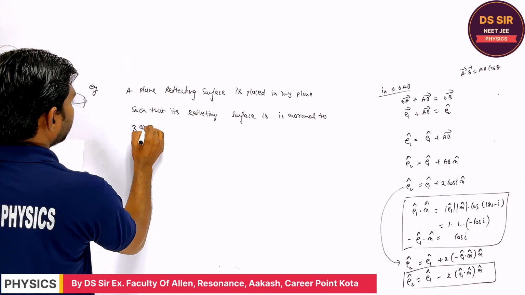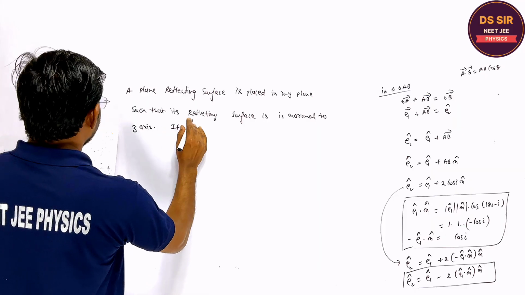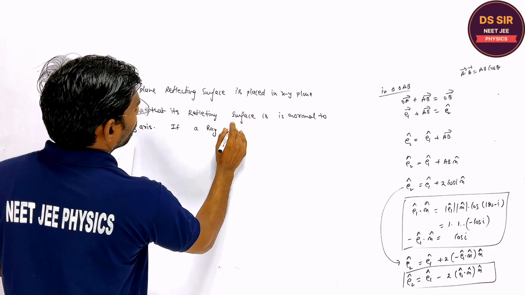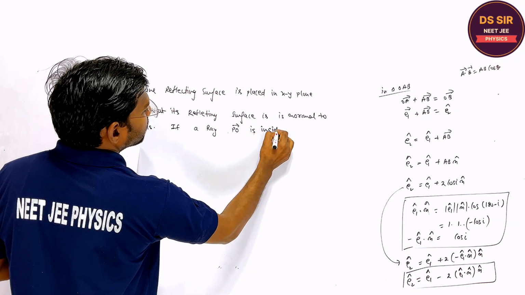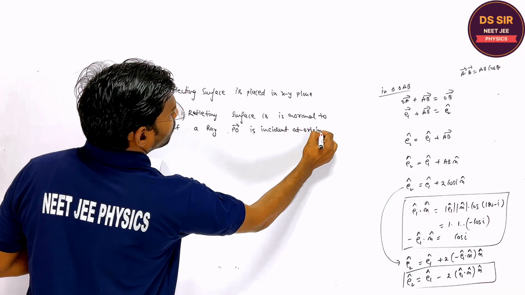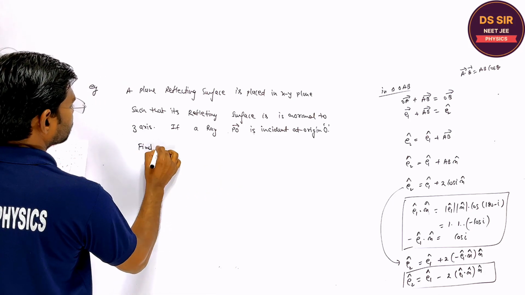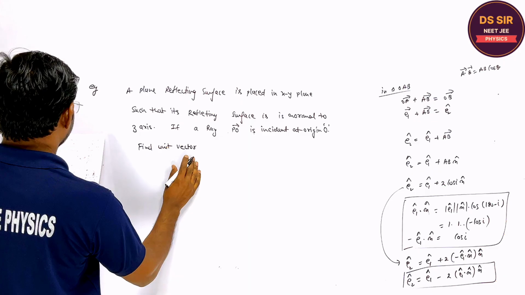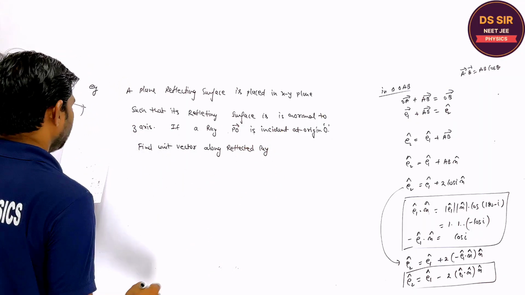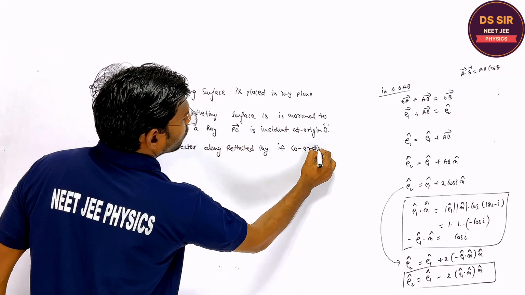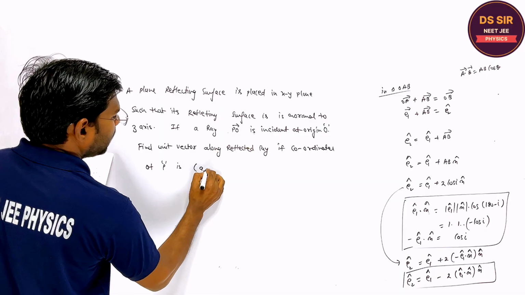If a light ray, vector PO, is incident at origin O, find the unit vector along the reflected ray, if the coordinates of P are a, b, c.